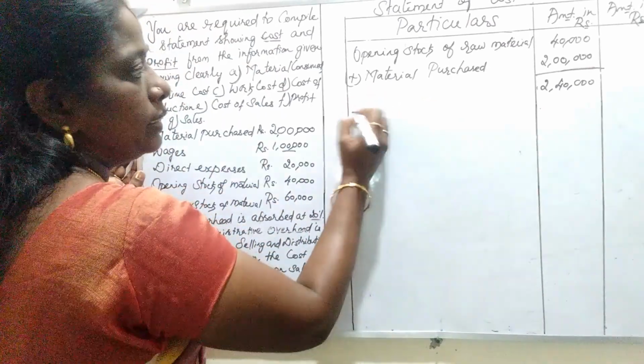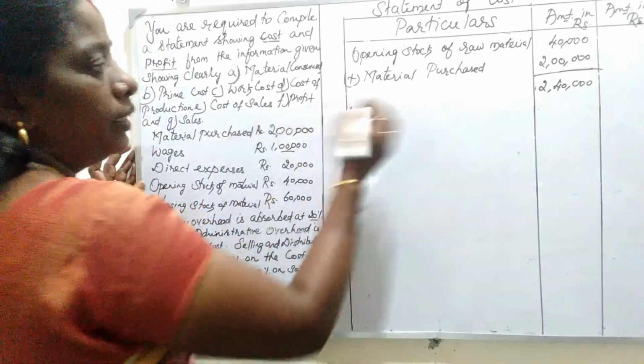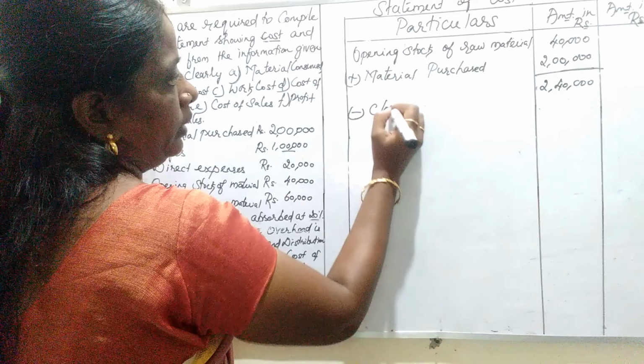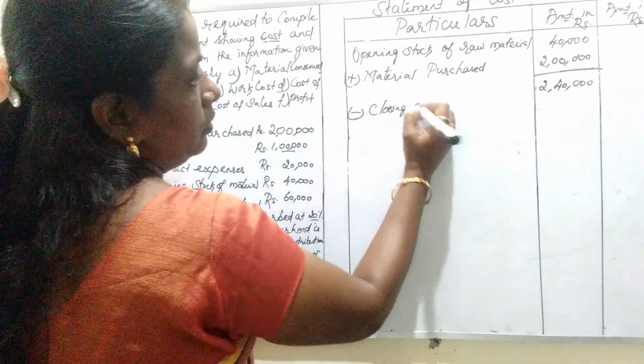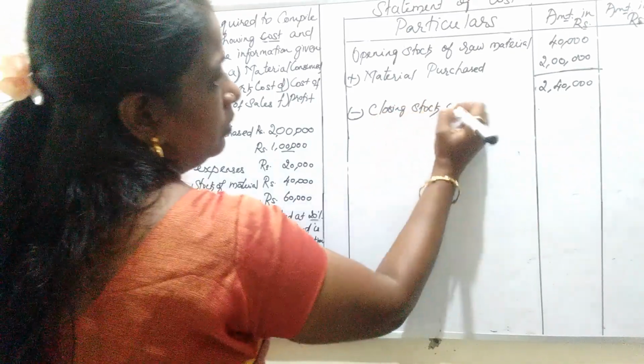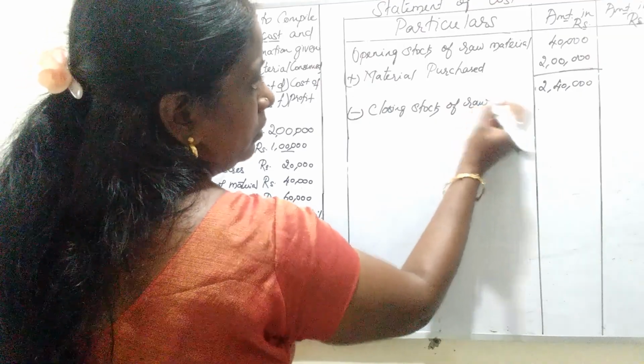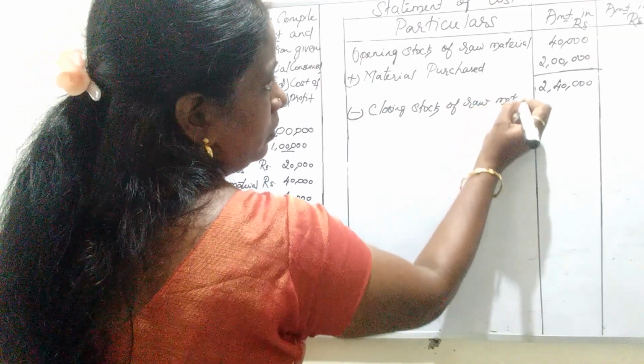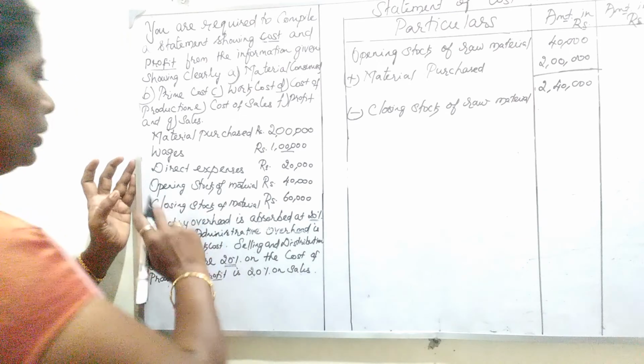Then we have to deduct the closing stock of raw material. So that is the value, closing stock of raw material value is 60,000.